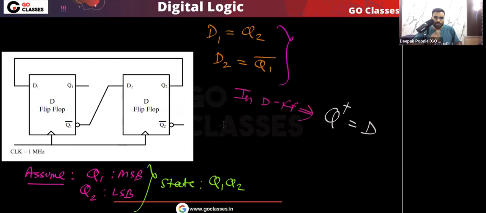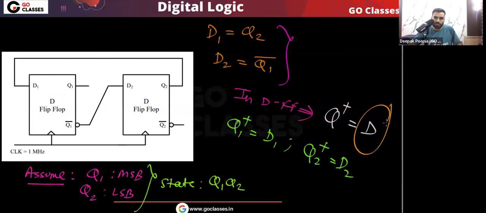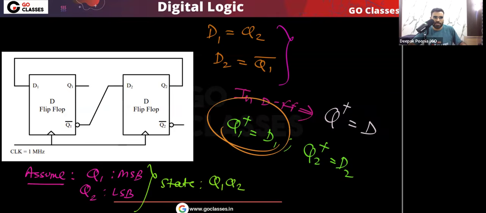Here Q1 next will be same as D1, and Q2 next will be same as D2. So I can say Q plus is same as D: Q1 plus is same as D1, and Q2 plus is same as D2.